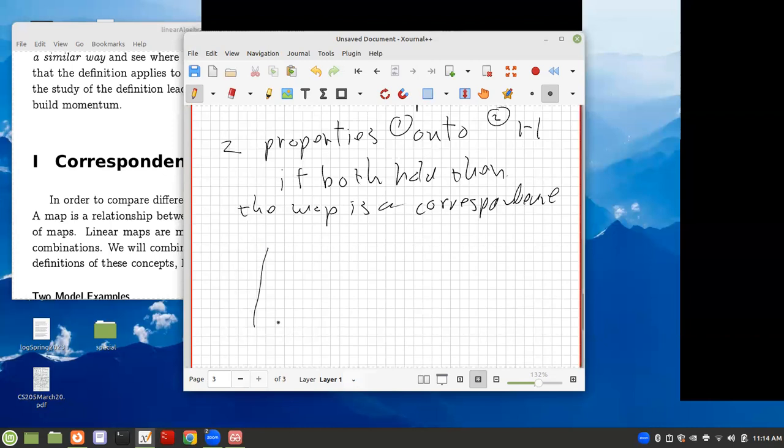Let's use the same or a similar map as before. Let me repeat the arrow diagram so you can see. It doesn't matter what the elements are.